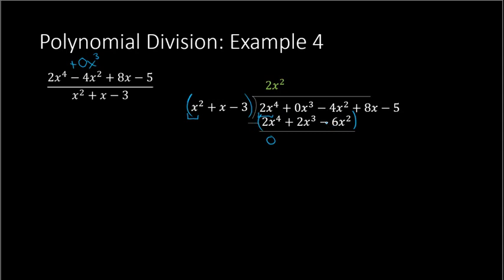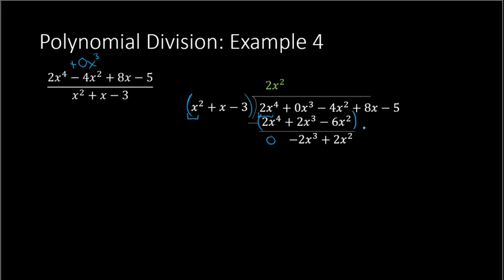The minus of the negative makes a plus 6x squared. When you add 6x squared to negative 4x squared, that gives you a positive 2x squared. So notice the 0 was necessary because if we did not have the 0x cubed, when we try to subtract, they would not have like terms. It would not simplify correctly.